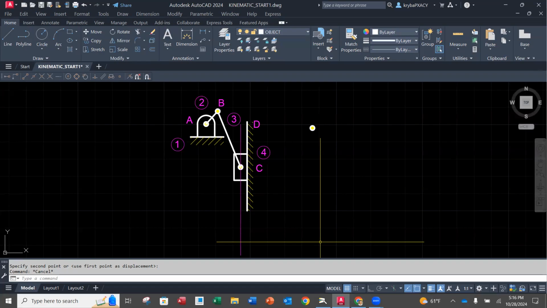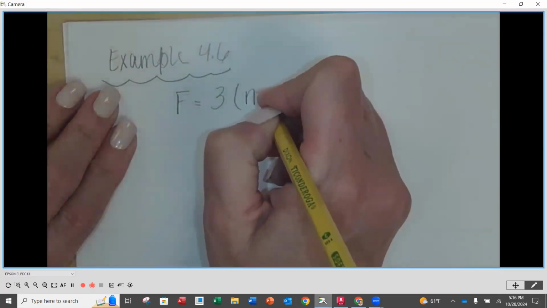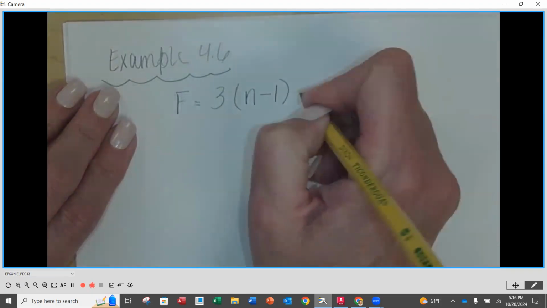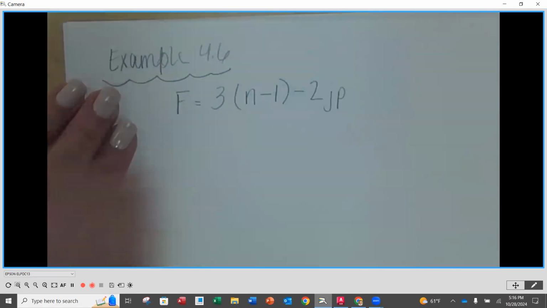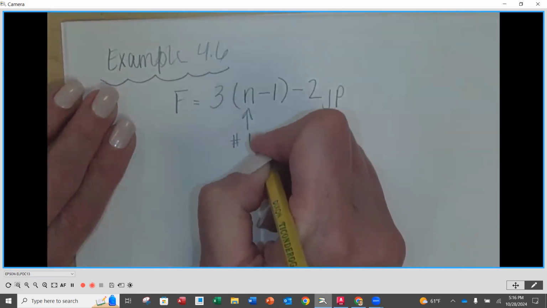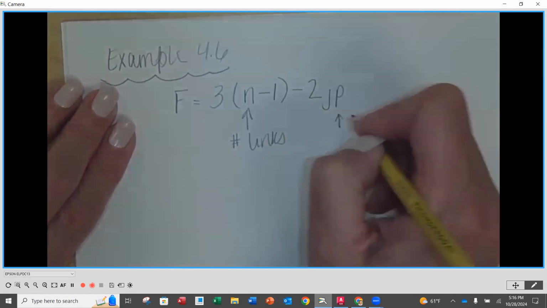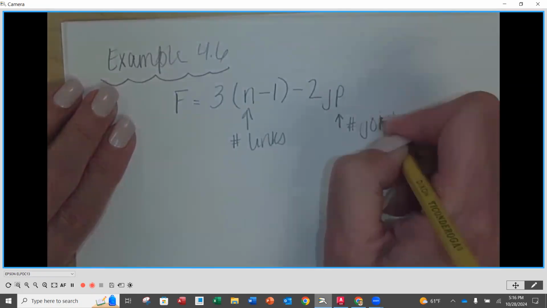It's F is equal to, in the room, I'm hearing it. So it's going to be F equals 3 times (N minus 1), minus 2 times JP. So remember, N is the number of links, okay? JP is the number of primary joints, okay?